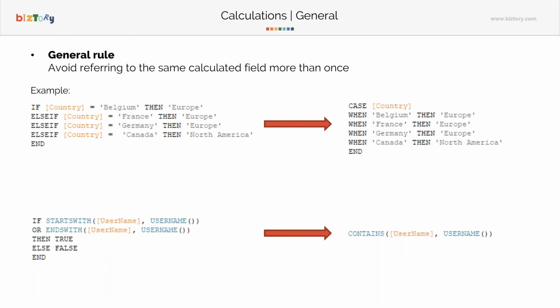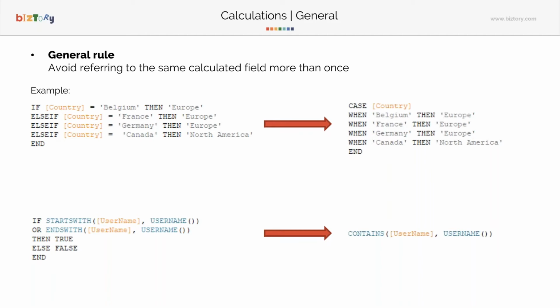The general rule is not to do that, because you are referring to that field 4 times, and Tableau will have to go into your data and look for that function 4 times. Better is to create a case statement where you're looking at the country field. The syntax is different, but in the end the result will be exactly the same.